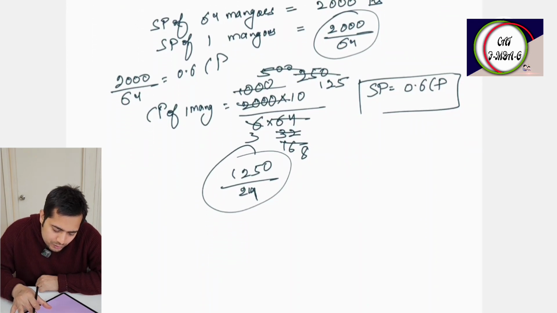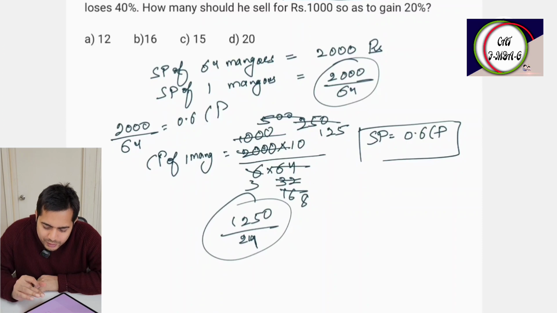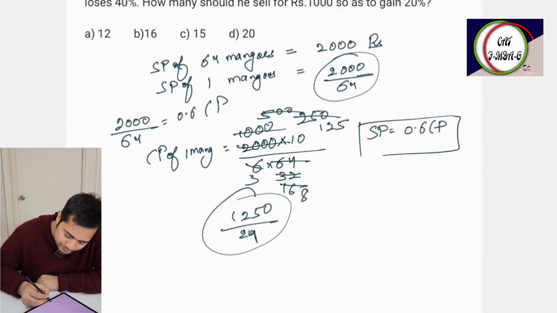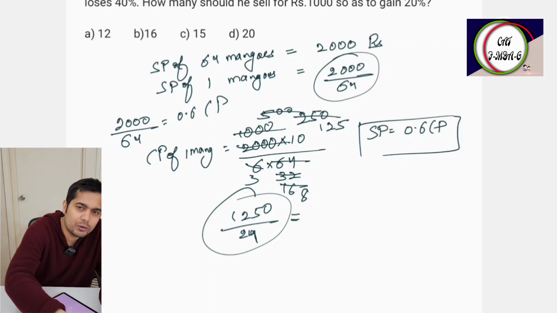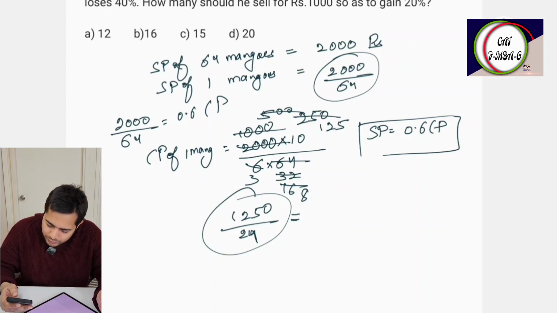Okay. How many should he sell for rupees 1000 so as to gain 20%? So it is given that, let me first calculate this. You can take the help of a calculator also. 1250 divided by 24. This is 52.08.